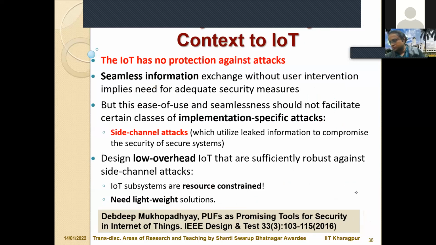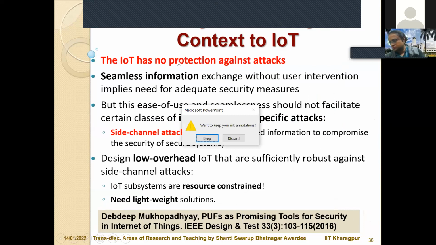Professor Debdeep, there is a certain block on your presentation. I think there are two blocks which I can see hiding the content of the slide, on the top as well as on the right hand side. Okay. There is a bar, a box which is appearing.